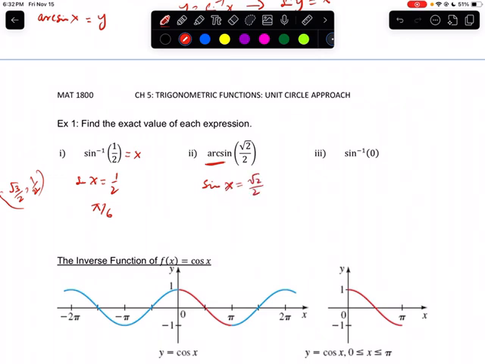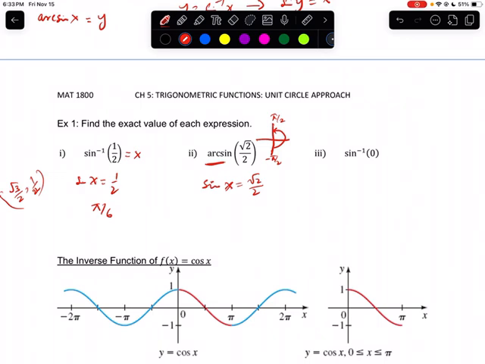So I have to think about a number which gives me this when I take the sine of that number. And remember, with these inverse functions there will be only one value, so you are looking in this region between negative pi over 2 to pi over 2.